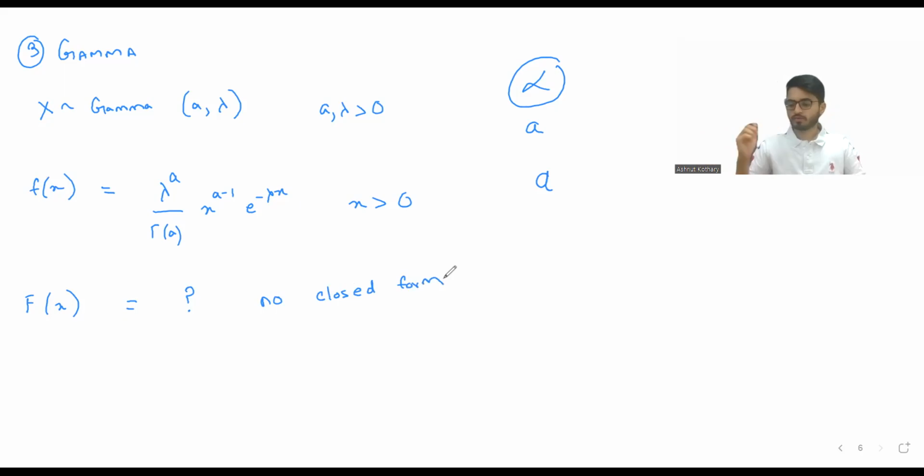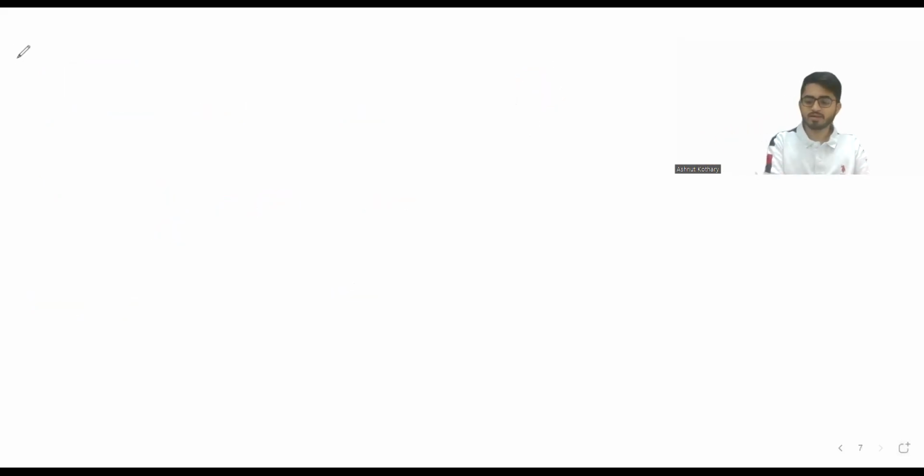Next, let us attempt to find its mean. It's going to be fairly straightforward. You just need to use the property of the gamma integral. I can take lambda to the power a by gamma a, a constant, outside.